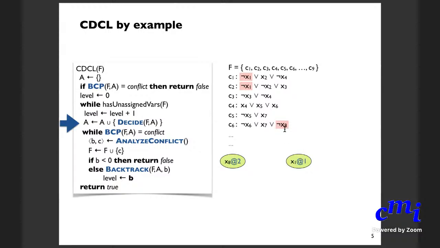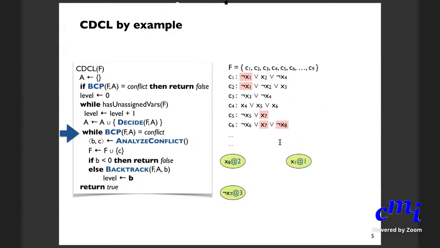Here the green literals are explicit decisions made, and a red literal means that it reduces to 0 in that clause. Then you make a decision on X7, and this will start a whole chain of BCP.